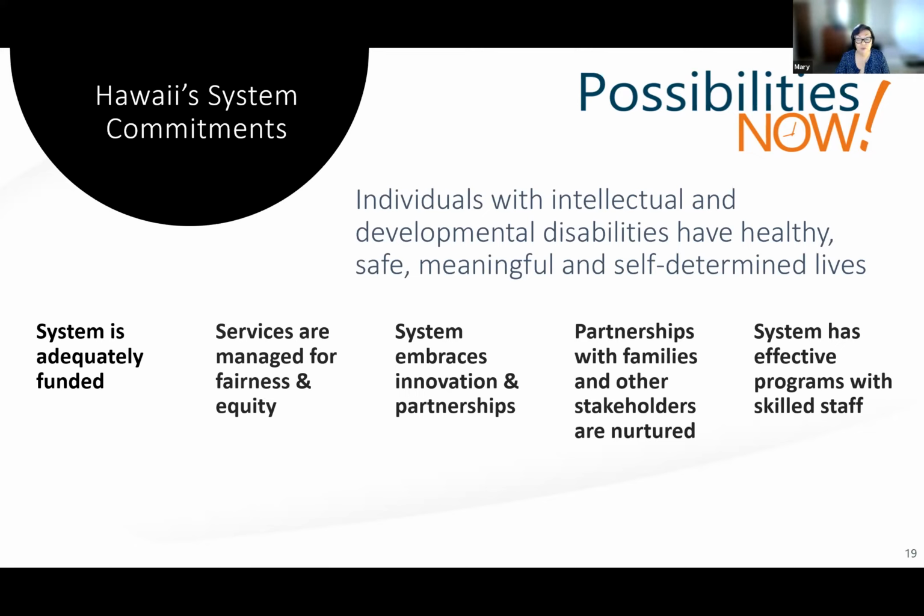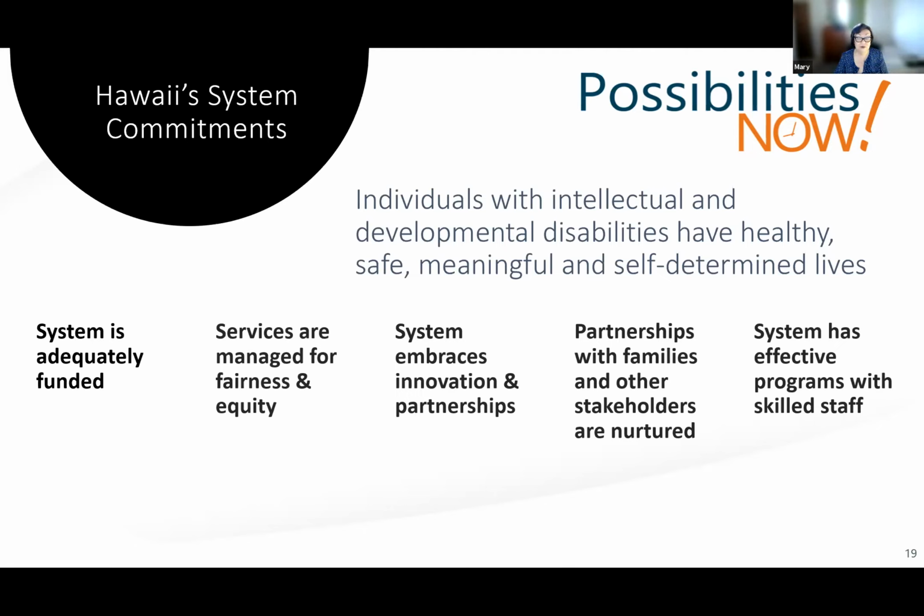So what the slide talks about at the top is what our vision is, which is individuals with intellectual and developmental disabilities have healthy, safe, meaningful, and self-determined lives. So that's the first part of our commitment.